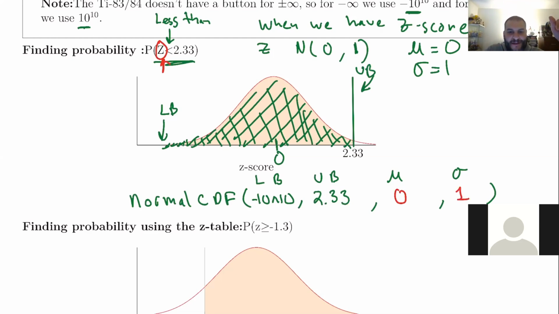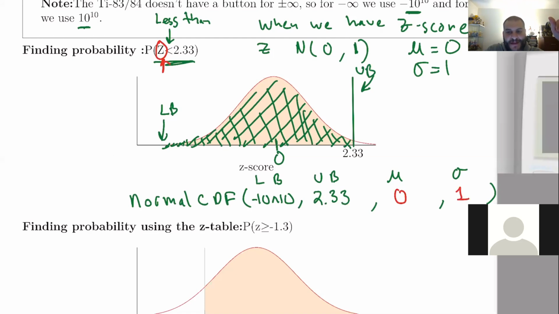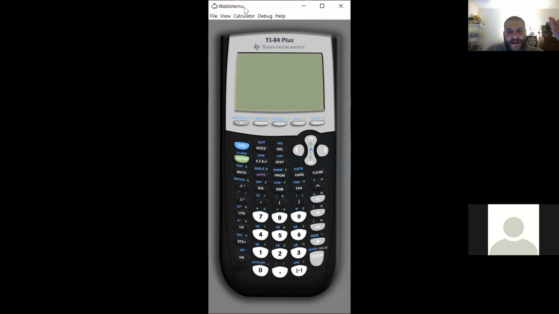All right, so let's go to the calculator. Let me turn it on. So you first hit the second button.